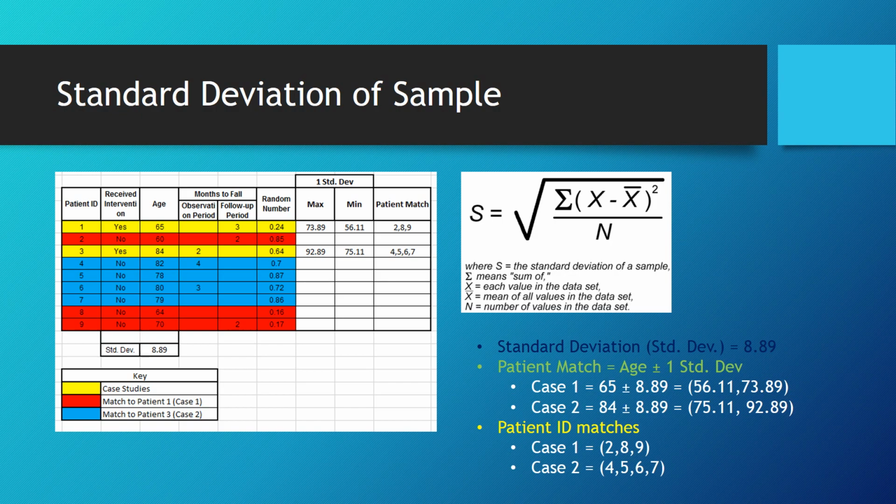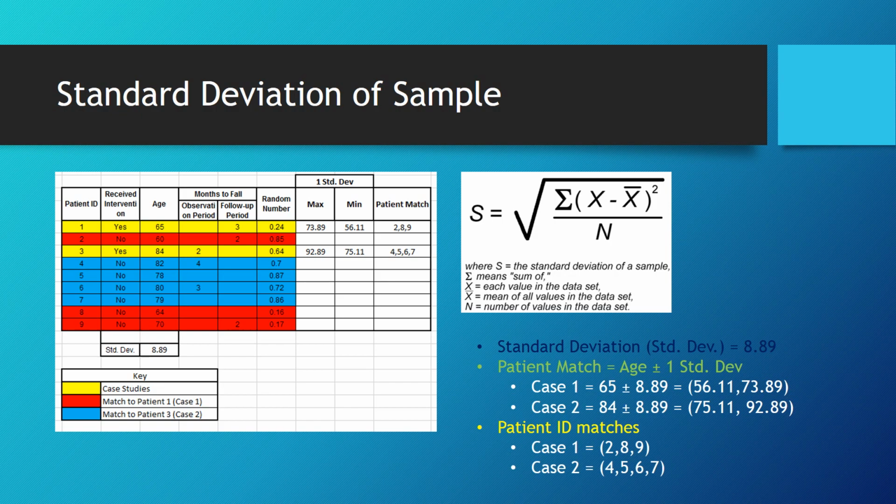So once you do your calculations, for case 1, which would be patient ID 1, one standard deviation is 8.89. So for case 1, you would take the age that they have, which is 65, and then plus and minus 8.89. So the minimum would be 56.11 and the maximum would be 73.89. So basically, it's one standard deviation from that age.